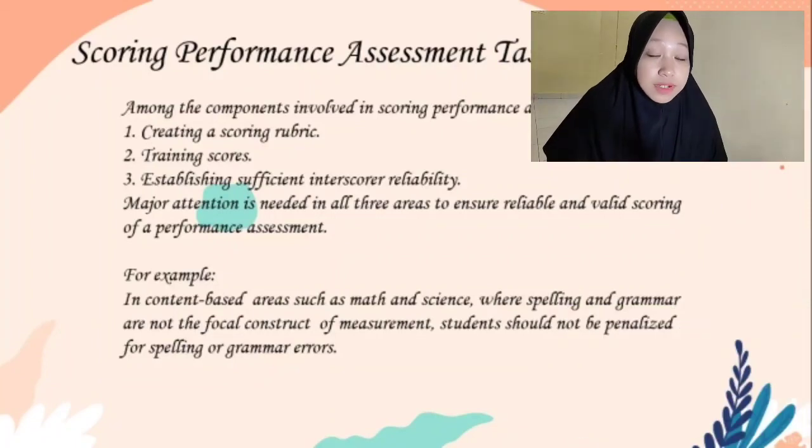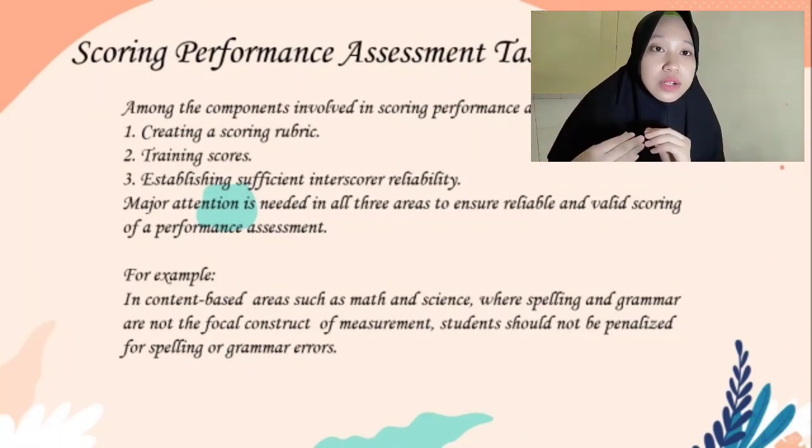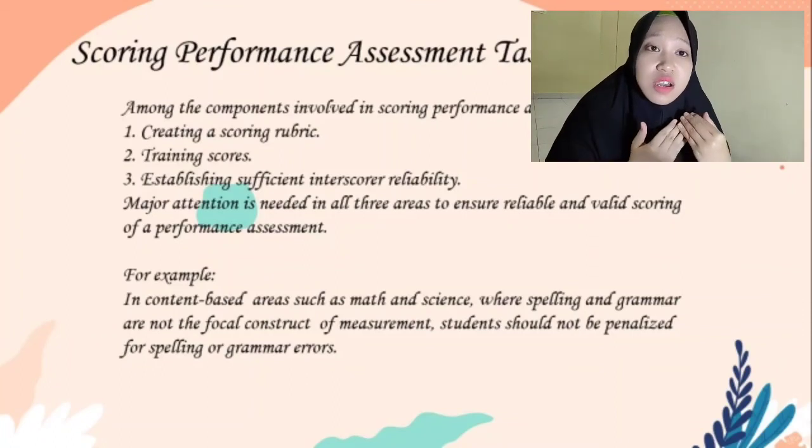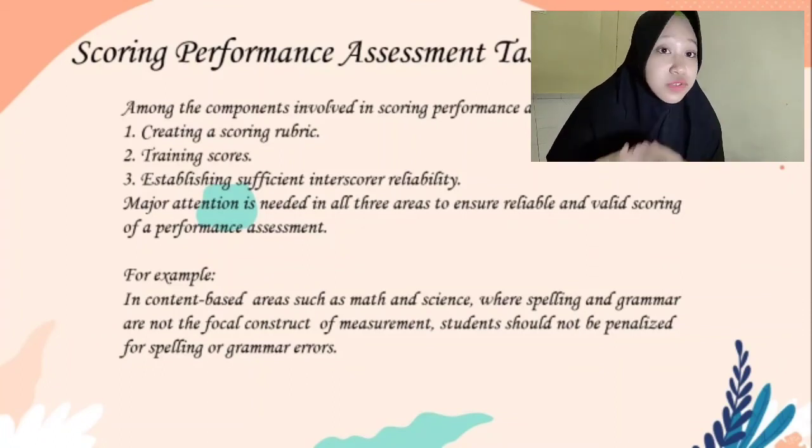For example, in content-based areas such as math and science, where spelling and grammar are not the focal construct of the measurement, students should not be penalized for spelling and grammar errors.